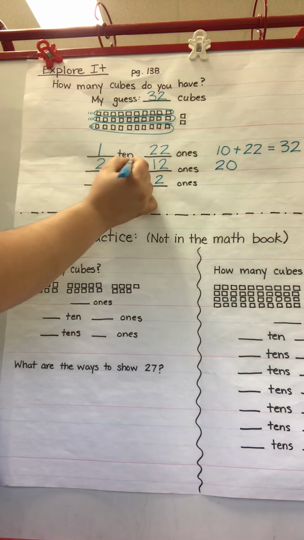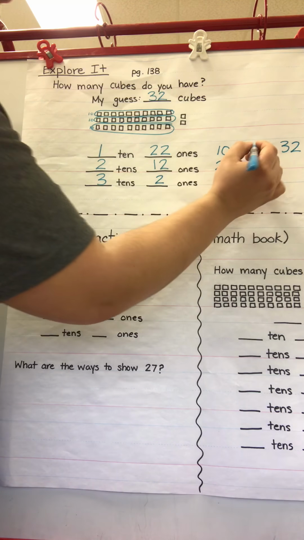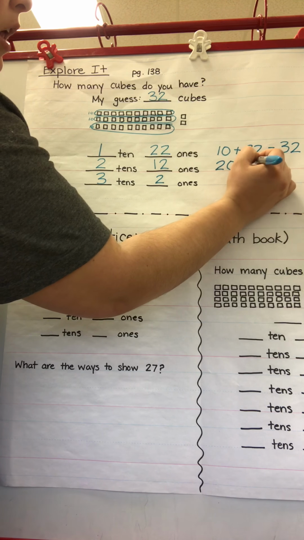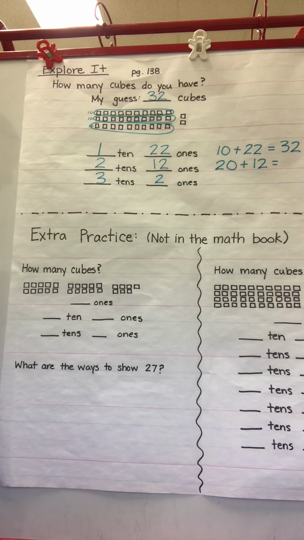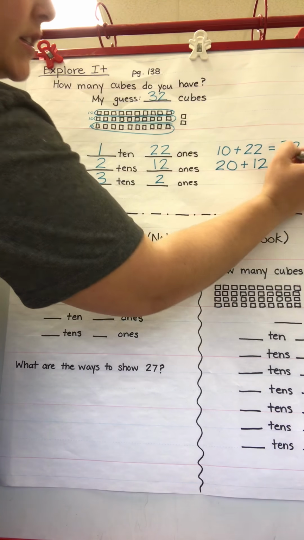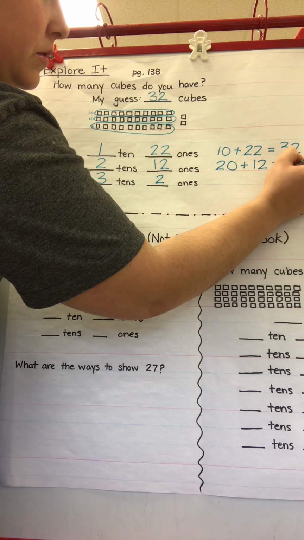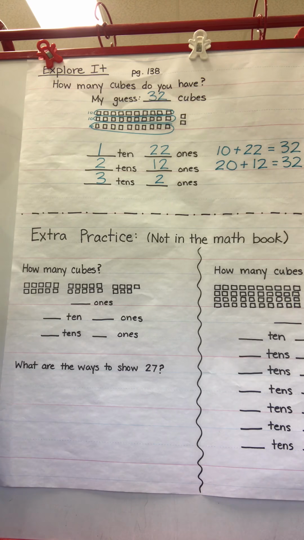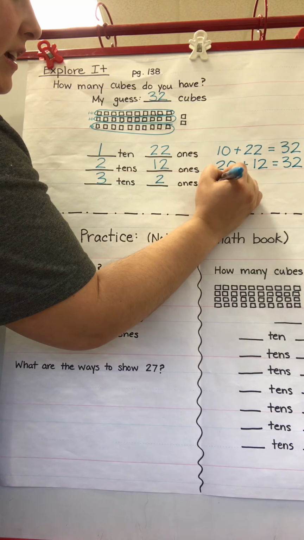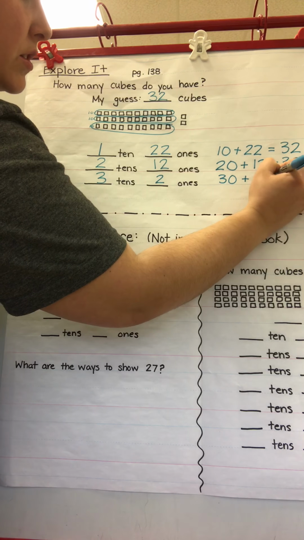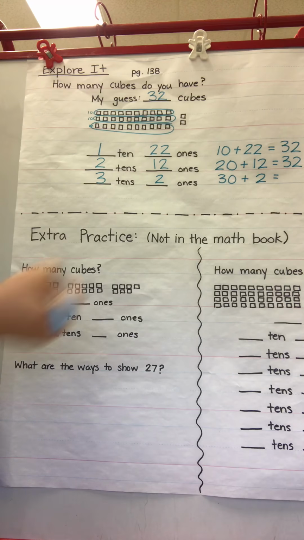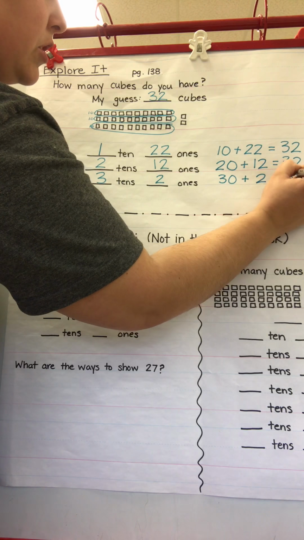Do not forget that's a tens. It's not 2 ones. 2 tens plus 12 ones. What does that equal? Still equals 32. I now have 3 tens and 2 ones, which again equals 32.